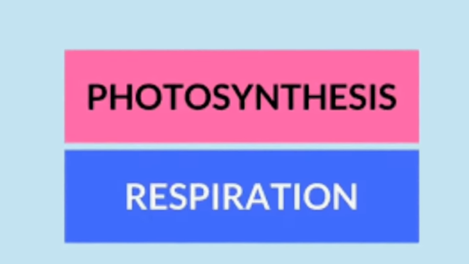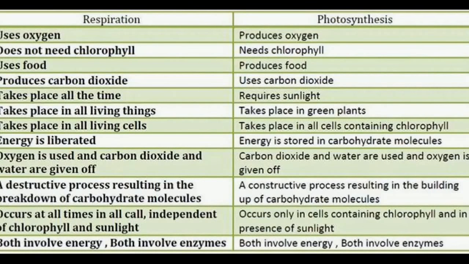In respiration, glucose is broken down. Oxygen is required for respiration. Oxygen is produced in photosynthesis. Respiration takes place throughout the day. Photosynthesis takes place only in the presence of light. It depends on light.